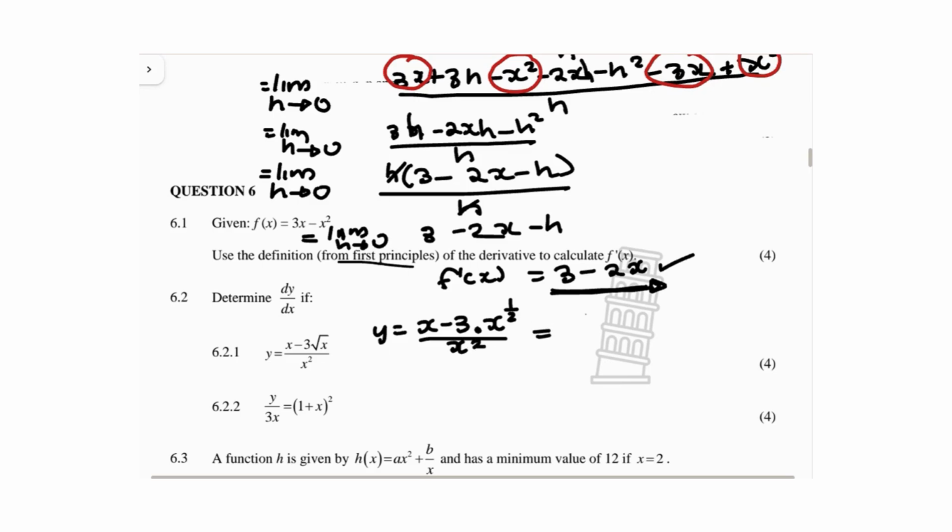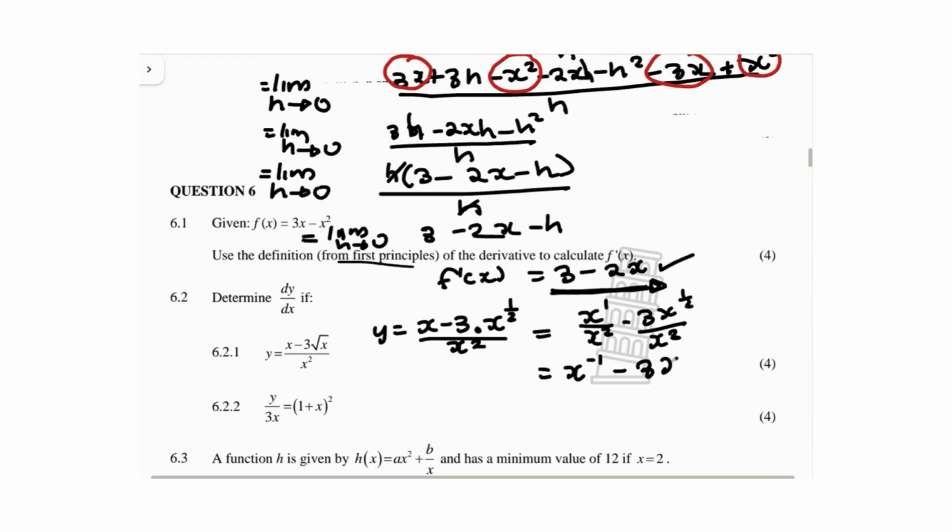Then the next thing, I'm going to separate: x over x² minus 3x^(1/2) over x². So there we have 1 minus 2, that's x to the power of negative 1, and then 3x^(1/2 - 2), which is 1/2 minus 2, that should be negative 3/2.